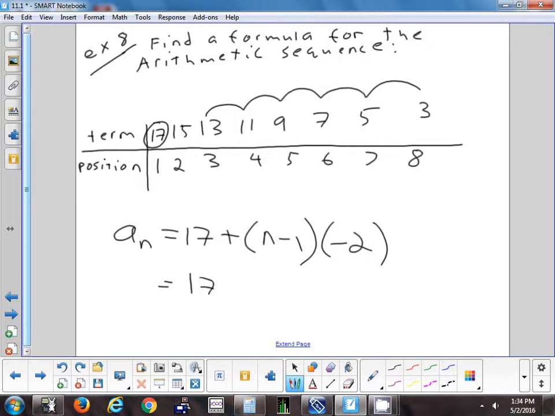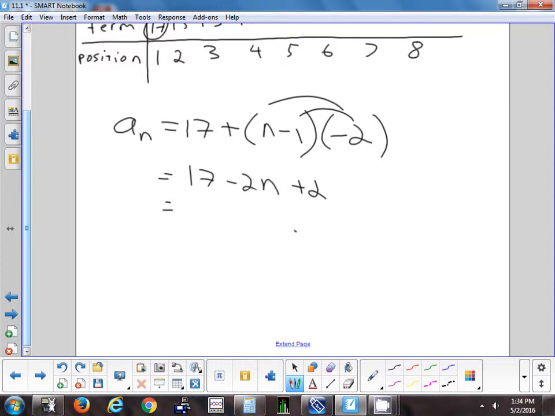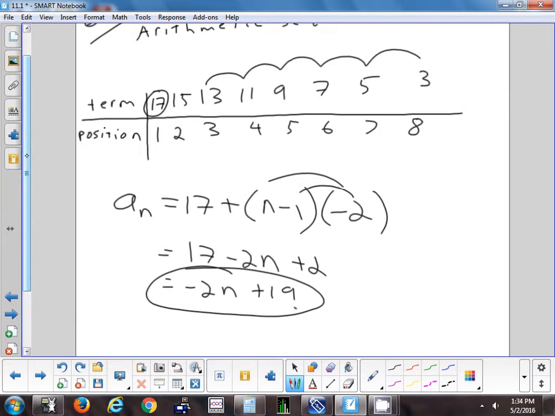We're going to get negative 2n plus 2. So we get negative 2n plus 19. It's not wrong if you write 19 minus 2n. That's fine. Any question on finding an explicit sequence in this kind of case?